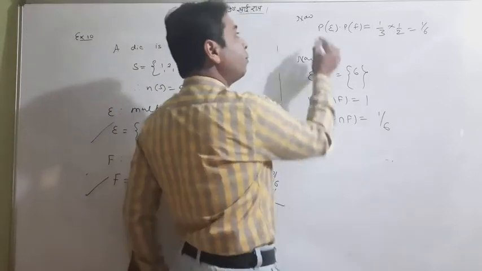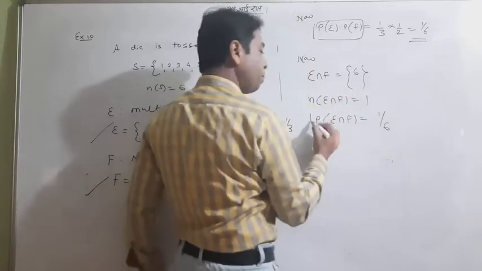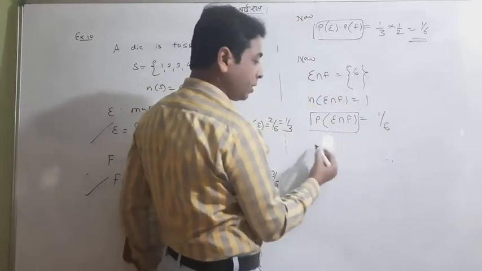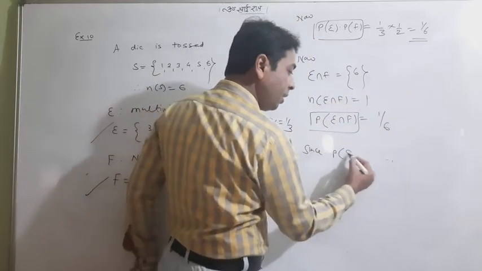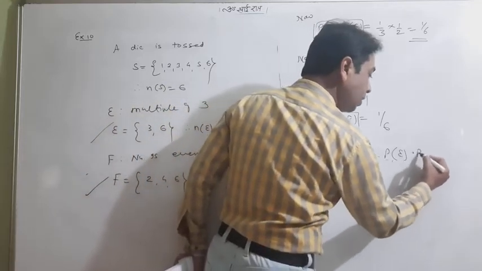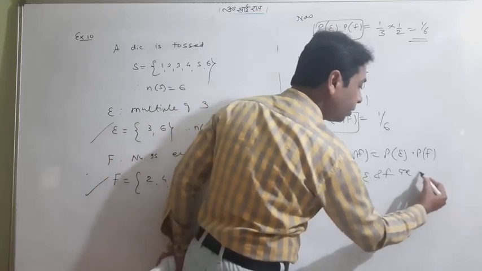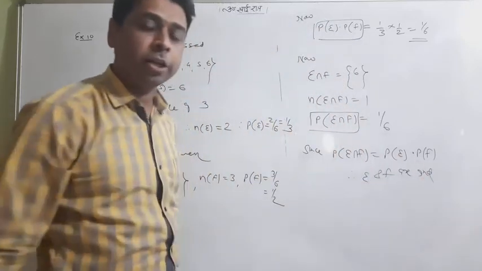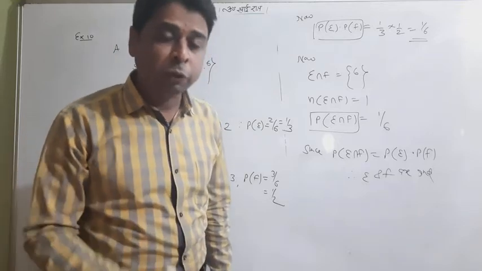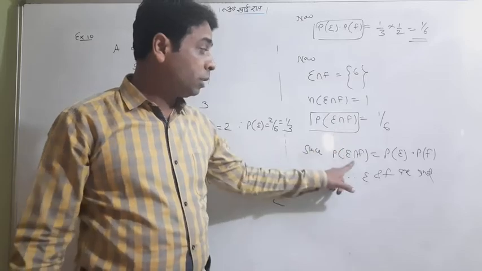What have you got? Very interesting, no? P of E into P of F, we got 1 by 6. P of E intersection F, we got 1 by 6. Since both are equal, E and F are none other than independent events. So whenever you need to show that any two events are independent, you have to show this equal to this.